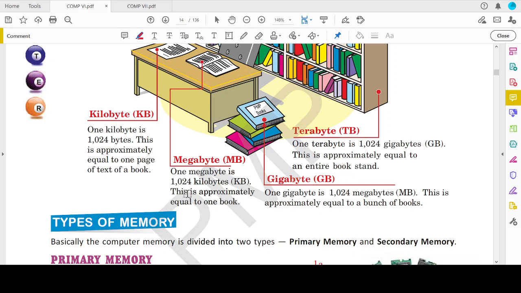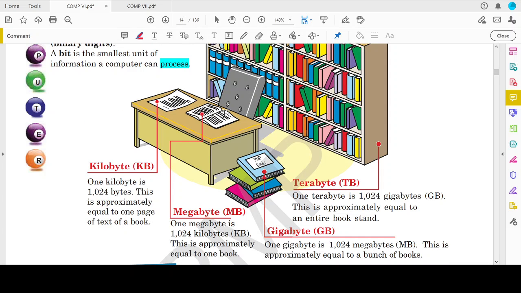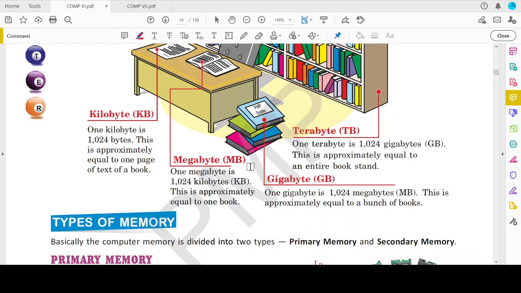To store a whole book, you need 1024 kilobytes, that is 1 megabyte. So the whole book is equal to 1 MB. Now, after that, you can well assume how many books you can keep in 1 GB.